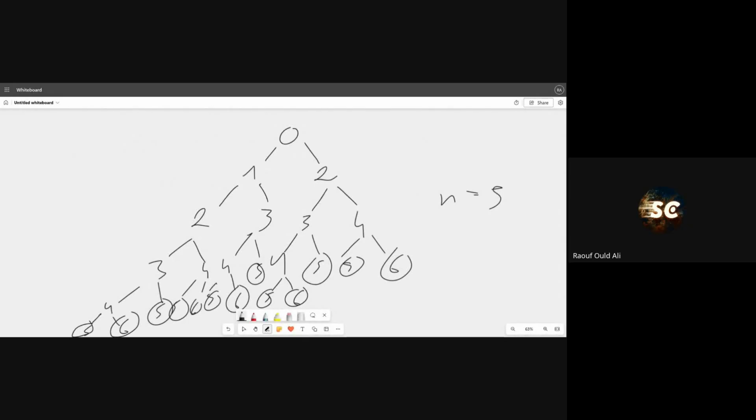You can notice that the computation we've done here is exactly the same as the one here, right? So there are things we are computing twice. You can see that a lot of blocks are repeating.